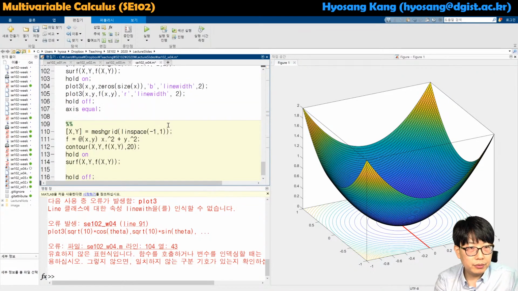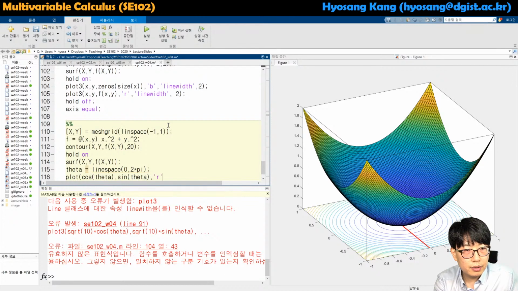Let's try to use the circle example. So zeta is linspace 0 to pi, and x is lambda. Let's plot cosine zeta and sine zeta as red line, line width 2.